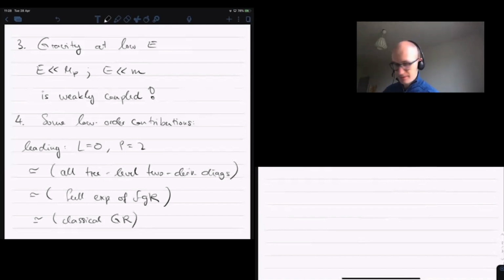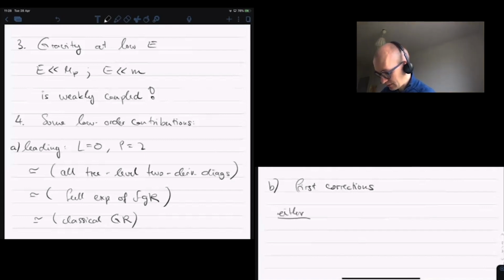But then maybe we say A, B, what is going to be true about the first corrections? Okay, now we're getting into interesting territory. So there's 2 possibilities. So either we are at 1 loop, L is equal to 1, but then V_{i,D} has to be 0 for all terms that have more than 2 derivatives.